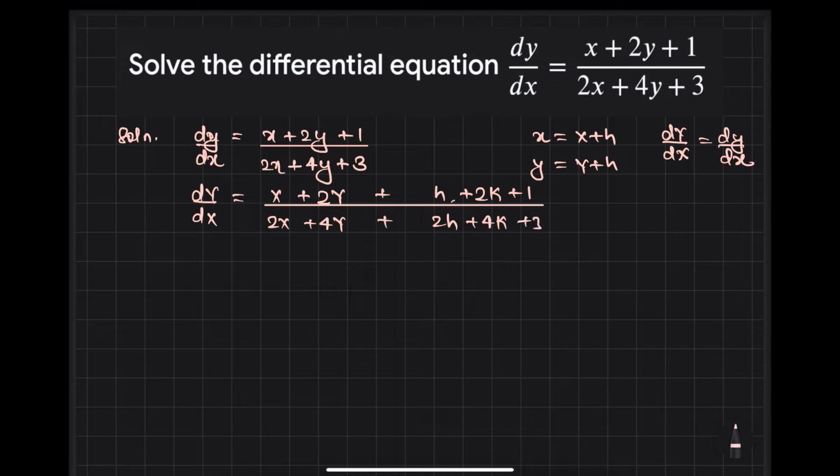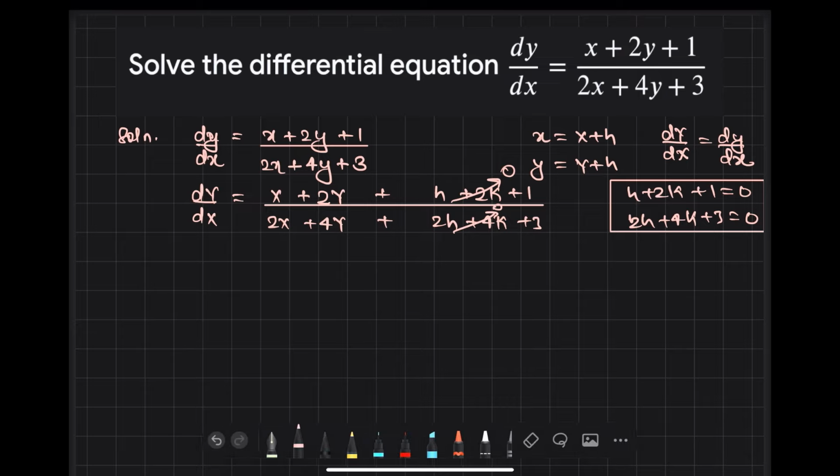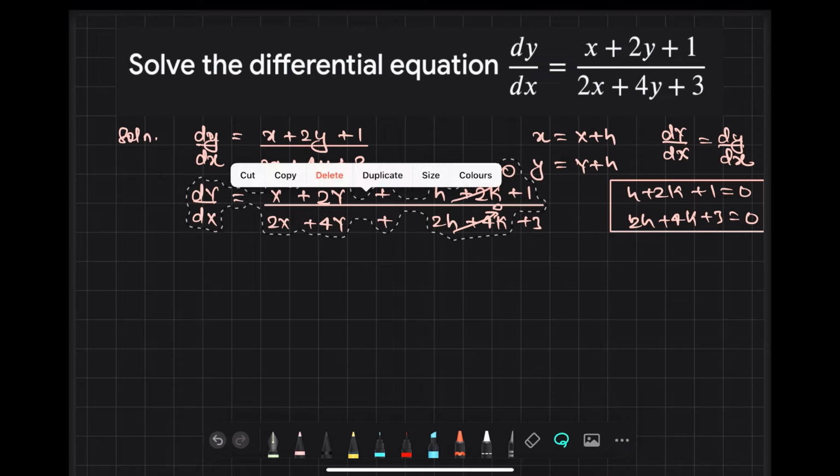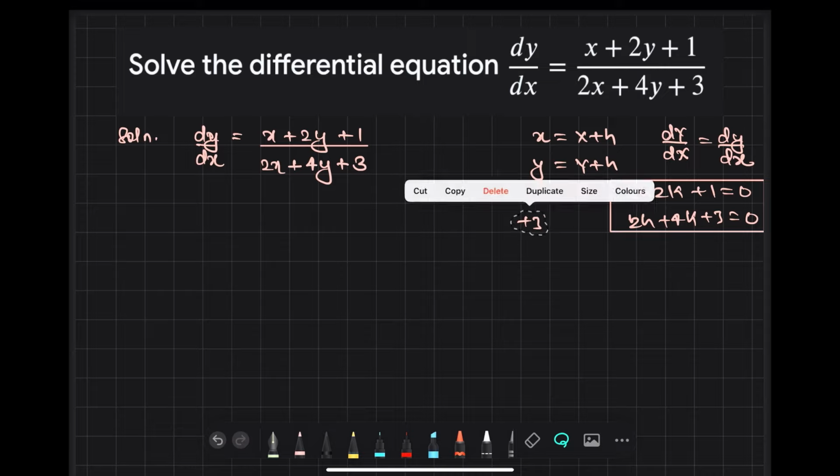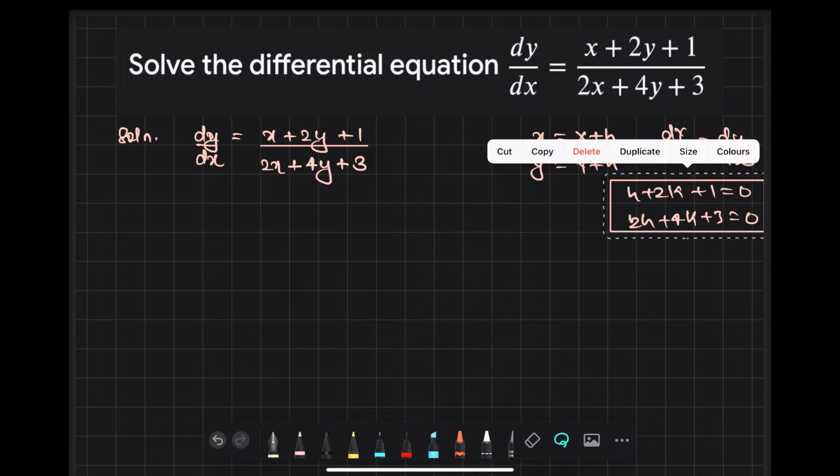You know that we have to put this thing equal to 0, this thing equal to 0. So h plus 2k plus 1 equals 0, 2h plus 4k plus 3 equals 0. You cannot solve this linear system. Why? Because these lines are parallel. So how will we respond to this kind of question? Try to understand this part. This idea is failing over here.